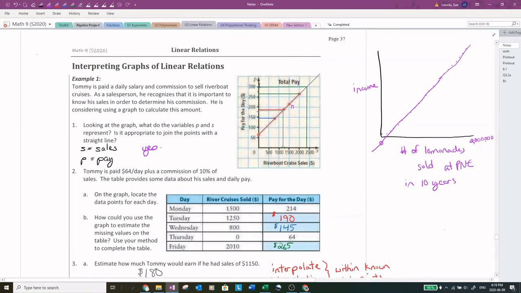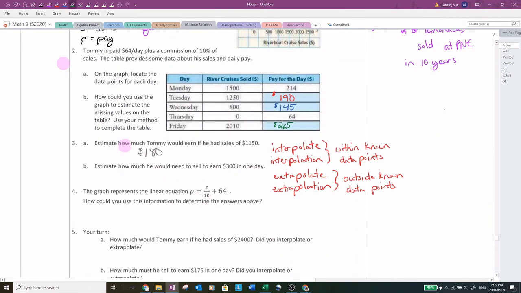Okay, so for $300 pay, we are halfway between 2,000 and 2,500, which would be 2,250. I'm going to call this 2,300. Okay, that's my estimate of how much he would need to sell to earn $300 in one day.